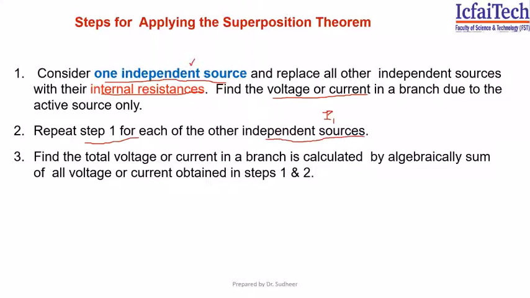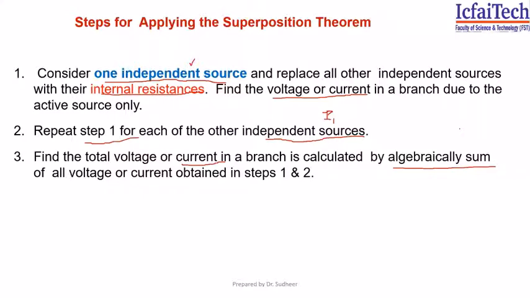After finding out the current with each independent source taken into consideration, the total current is equal to the sum of the individual currents, and we need to algebraically sum the currents or voltages. If the value is negative, you have to take it as negative. If it is positive, you have to take it as positive.